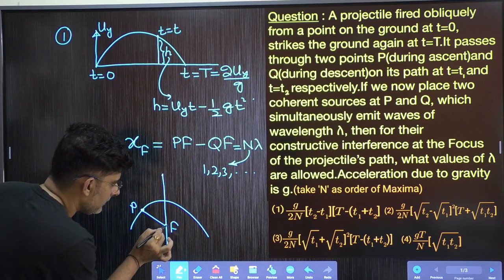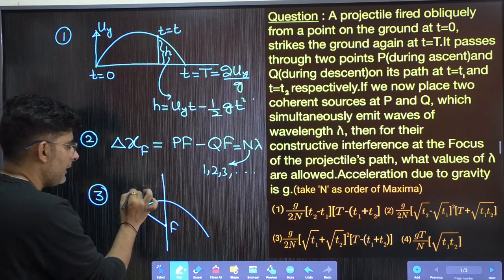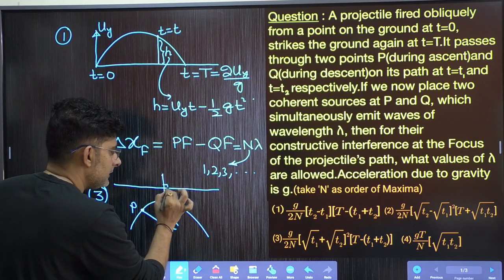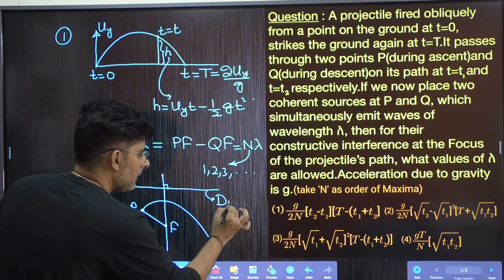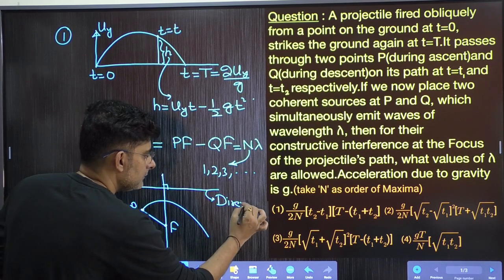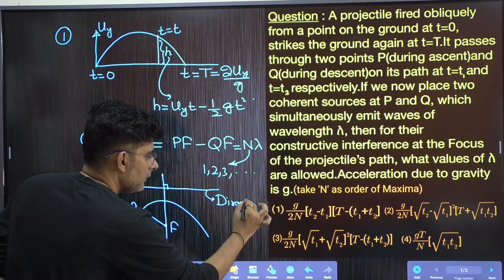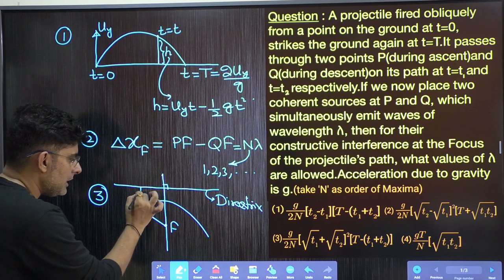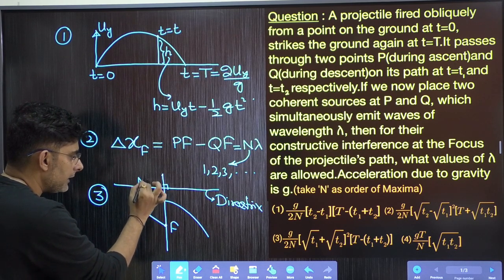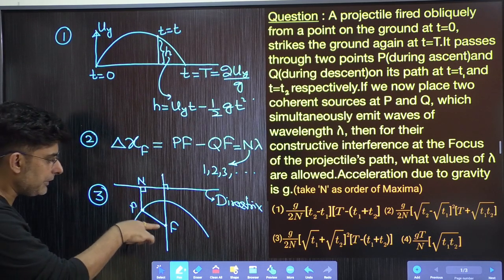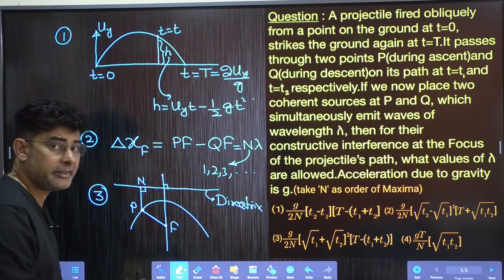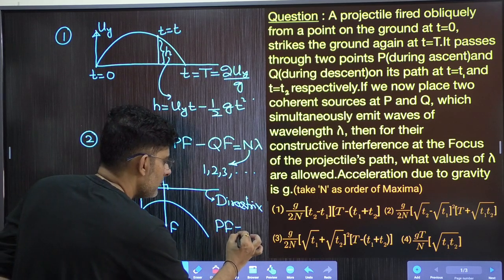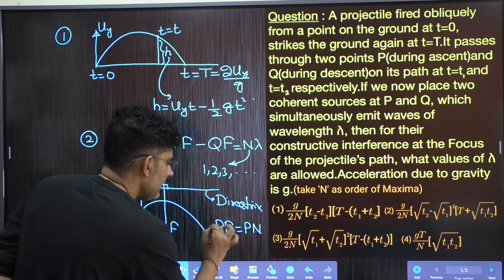You take the distance of P from the focus and you draw a line perpendicular to the axis, which is called the directrix of the parabola. It has a very important property: if you draw a normal from P on the directrix, then PN and PF are both equal because the eccentricity of a parabola is 1. So PF is always equal to PN.